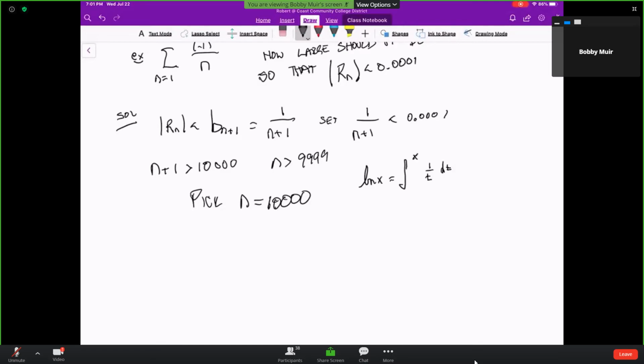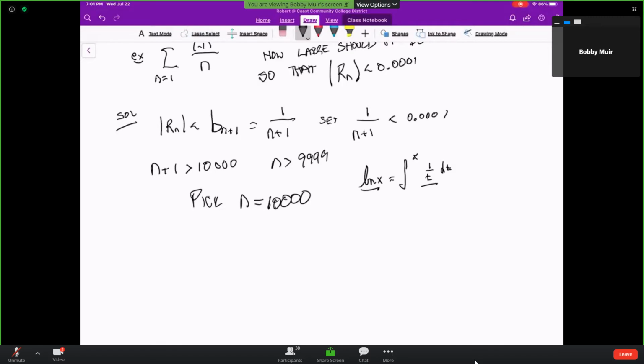This is one way that you can define the logarithm. Integrals are sort of like adding up a bunch of numbers, aren't they? You're adding a bunch of numbers up and then you take a limit. So the logarithm is very closely associated with this.